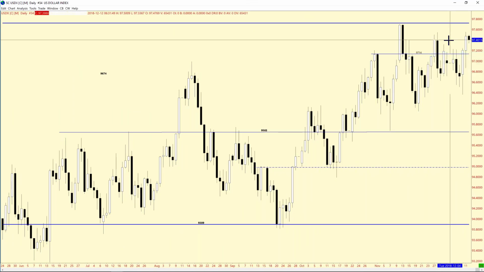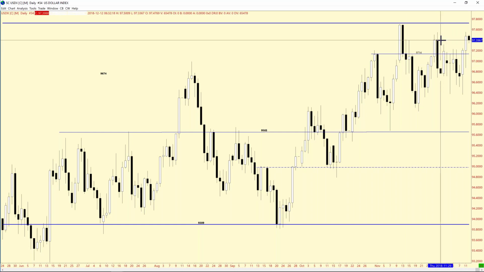And 97.40 is pretty important at this point. They were able to defend. We got past 40. So keep an eye on that 97.40. This is actually more important at this point. 14 is important, but we were able to get above 40.